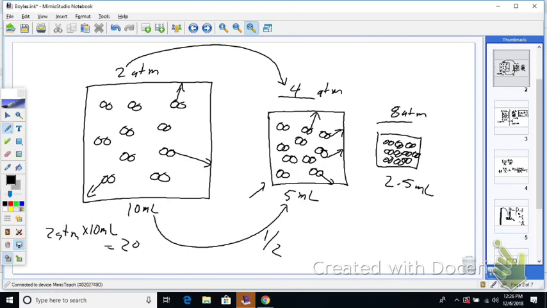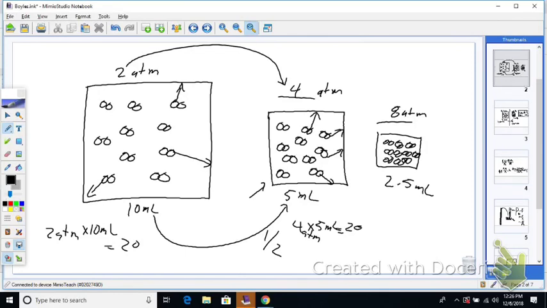If I take 4 times 5 milliliters, what do I get? 20. What would I get there for 8 and 2.5? 20. So when you did your experiment, the more constant it was when you took the pressure times the volume, the better values you got. I think a lot of you got around 1,000 when you took the pressure times your volume. And that's Boyle's law.